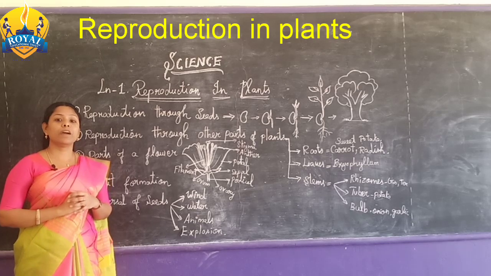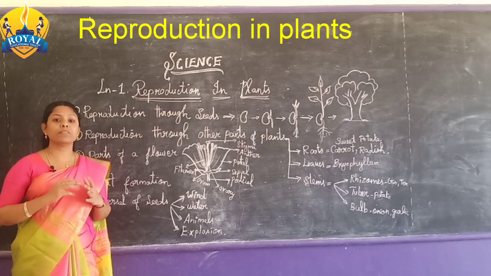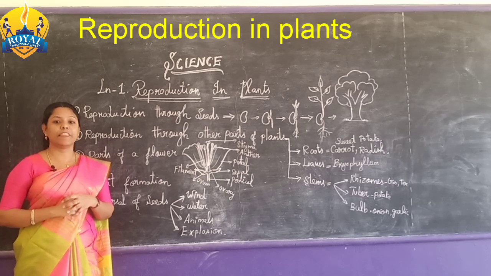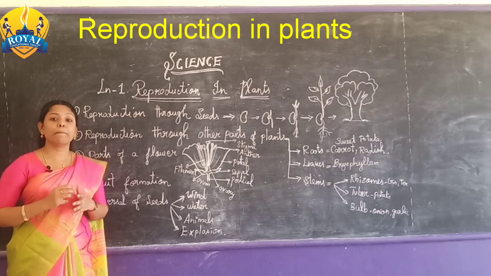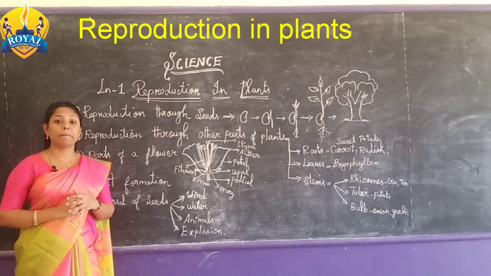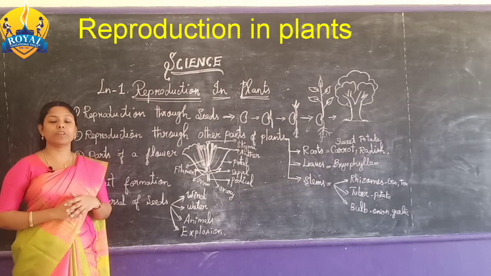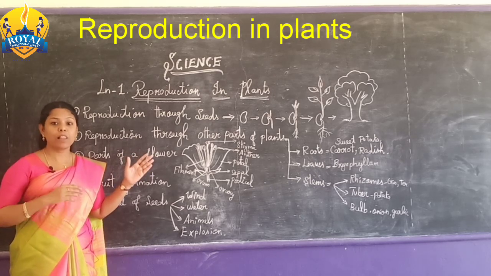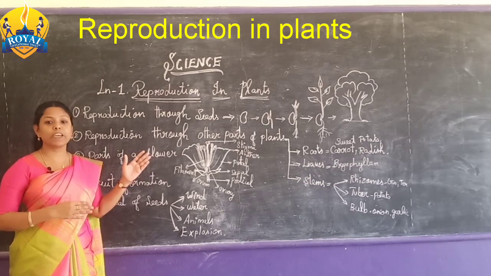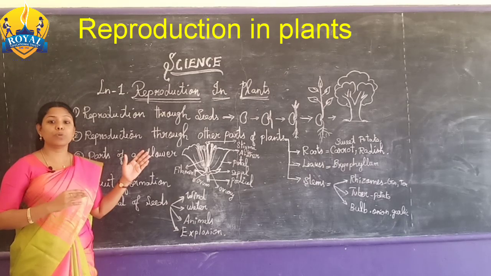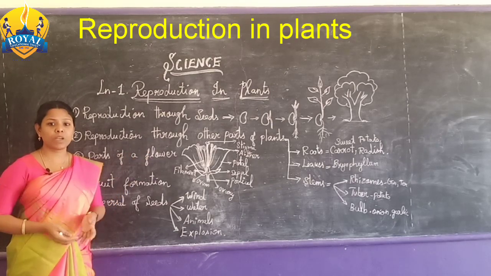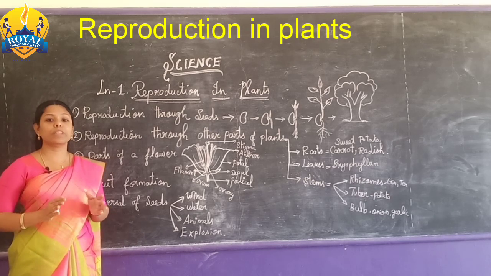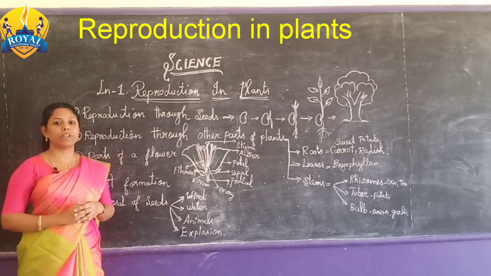They reproduce their same kind by the process of reproduction. In this process, the plants continue their life and give you new organisms of the same kind. So that process is called reproduction.